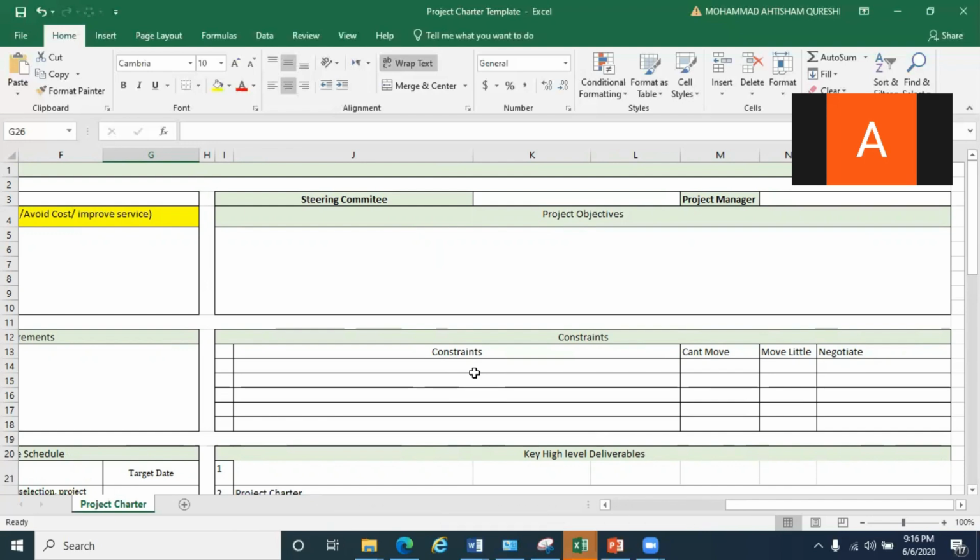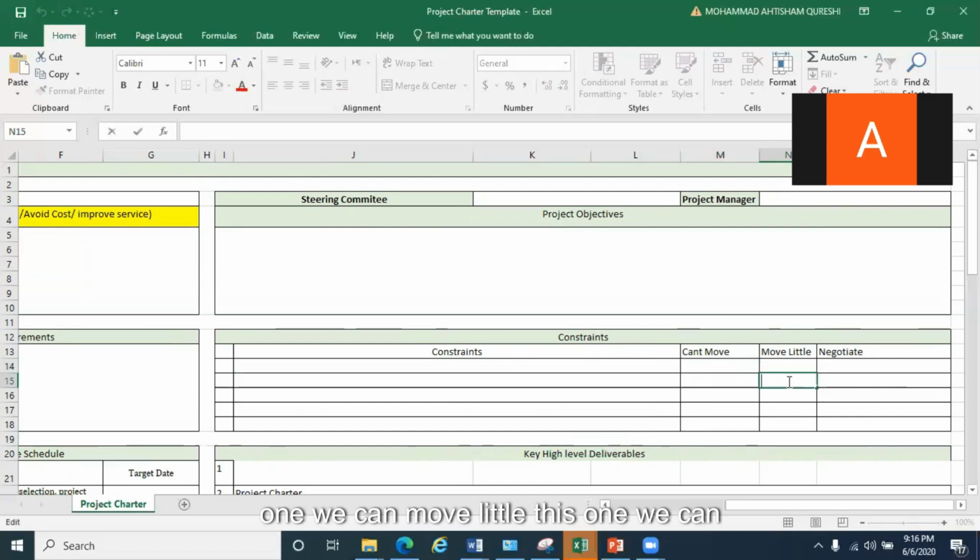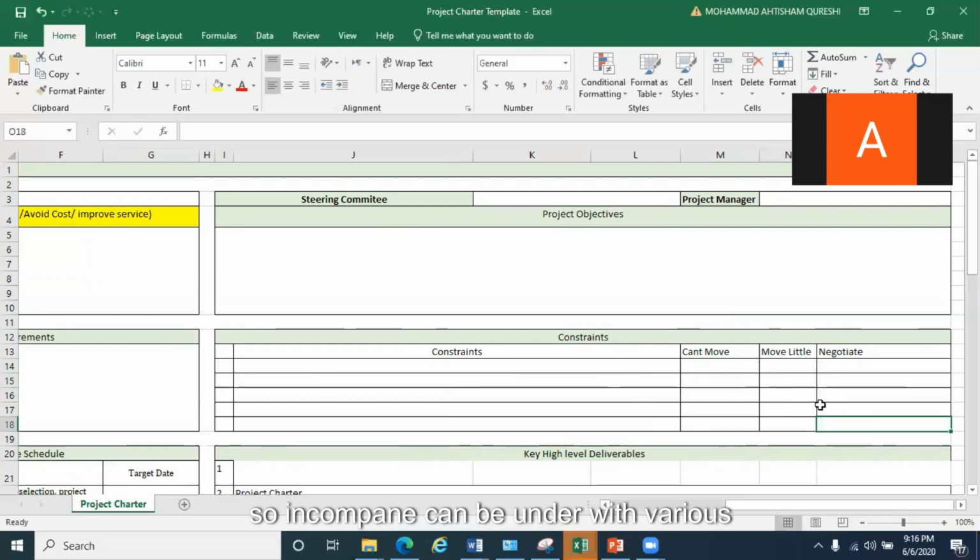So all these are constraints that maybe we can mention, that with this constraint we can't move. Like this one, we can move a little. This one we can negotiate. So each constraint can be under various categories.